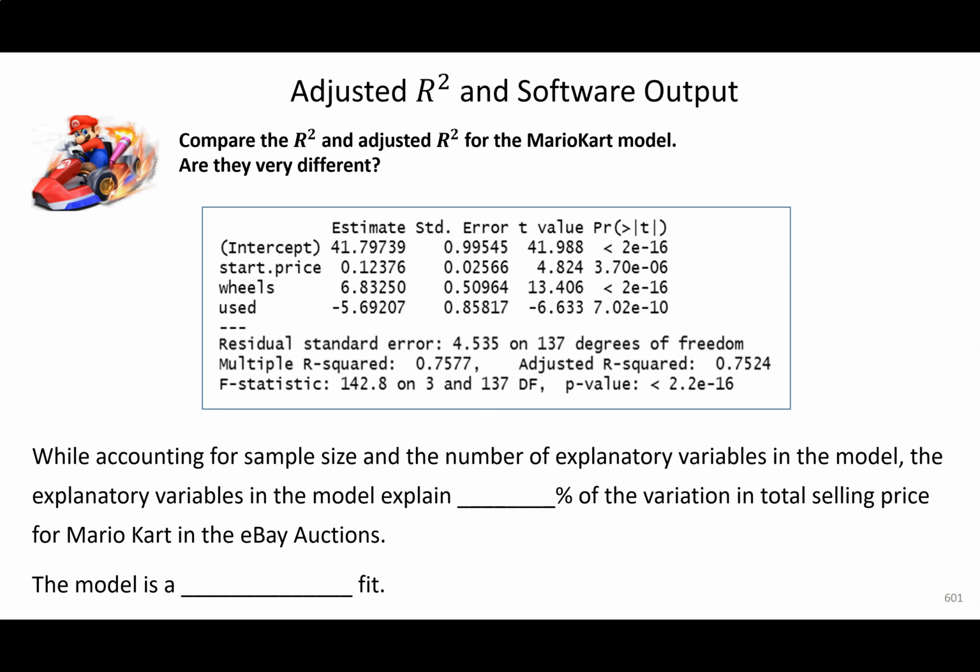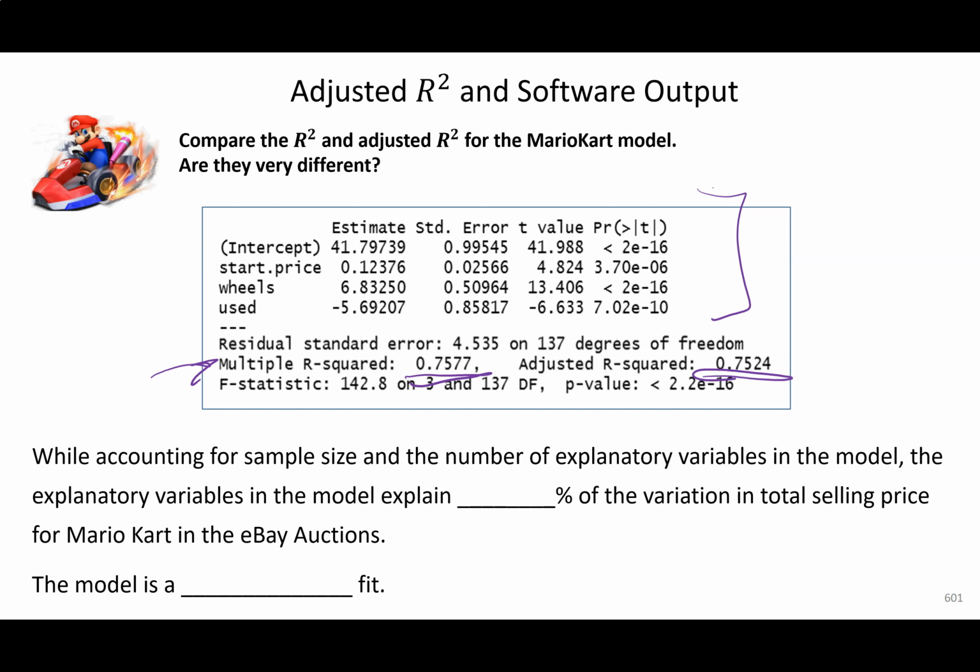Okay, so let's go ahead and compare the adjusted R-squared to the unadjusted R-squared in the output for the Mario Kart example. Looking here, we have our output. This is what you'd use to put the linear model together. Multiple R-squared, so we're looking at this row, is 0.7577.